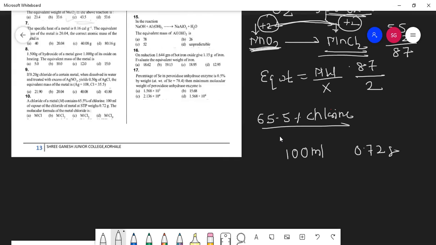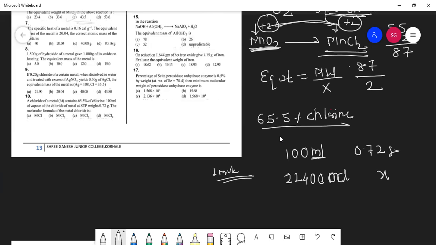So if you consider at least 1 mole, how many ml is that? 22.4 liters, but in ml, because here ml is given: 22400 ml. So can you find the weight?